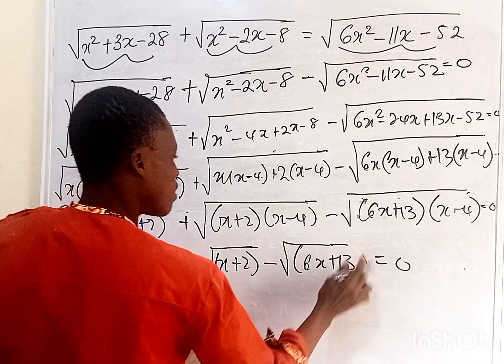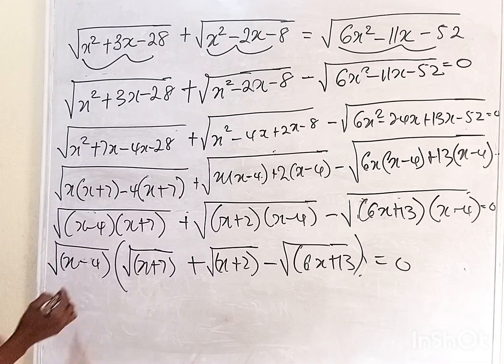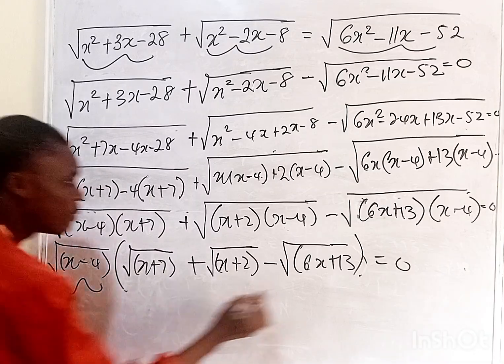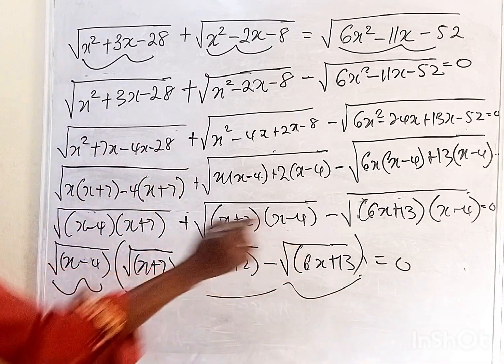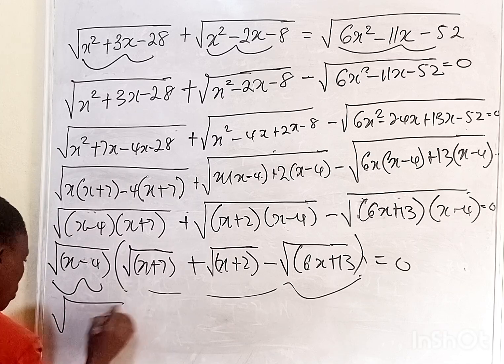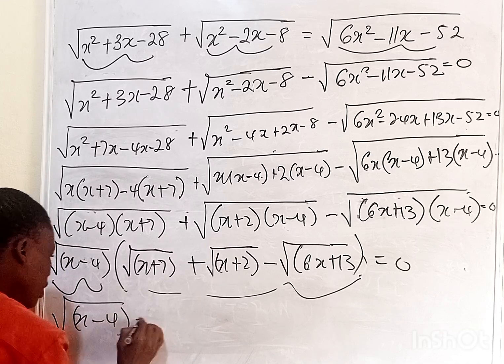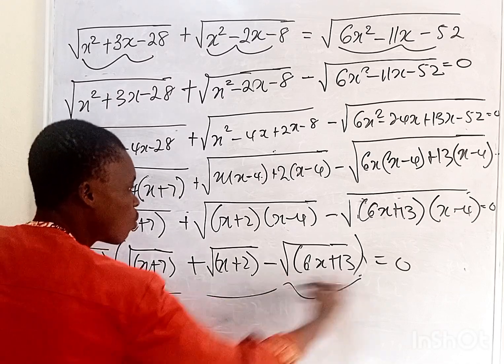So from here, this one will be equal to 0, and the whole of this also will be equal to 0. Therefore, we say that the square root of x − 4 equals 0, and this one too equals 0.